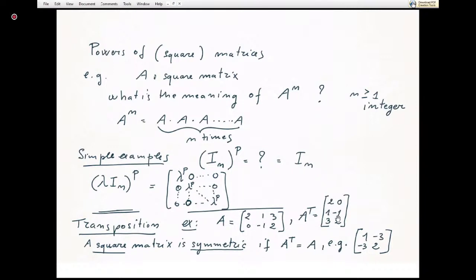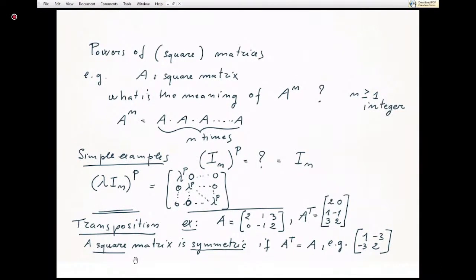So A has 2 rows and 3 columns. The transpose of A has 3 rows and 2 columns. The first row of A is the first column of A transpose. The second row of A is the second column of A transpose. So this is the operation of transposition.